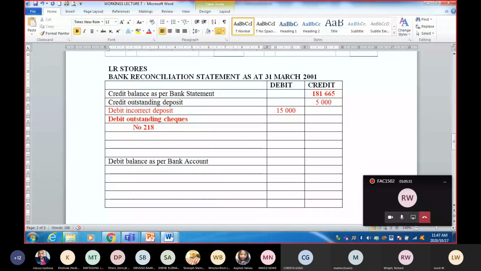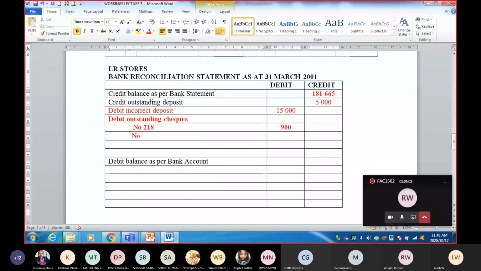In this question there were actually 2 checks for 500 rand issued: check number 219 and check number 223. So it is important that you indicate the check number so that you know exactly which check is outstanding.